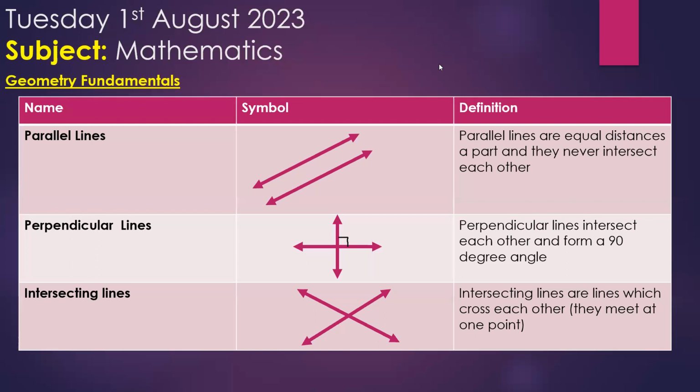What are intersecting lines? Intersecting lines are lines which cross each other. Okay. And they meet at? One point. They meet at one point.